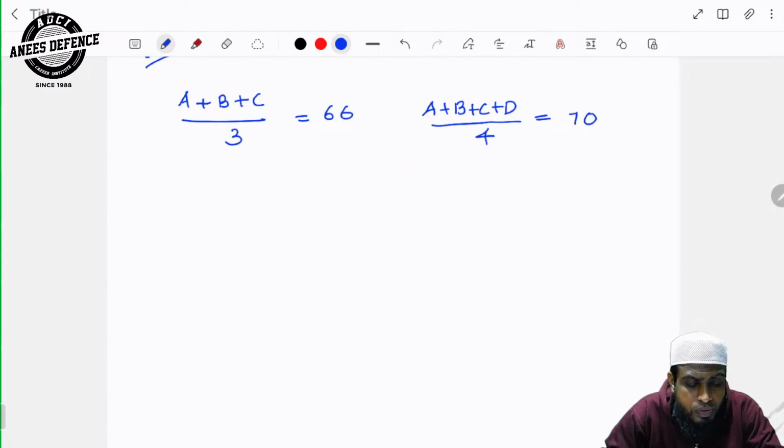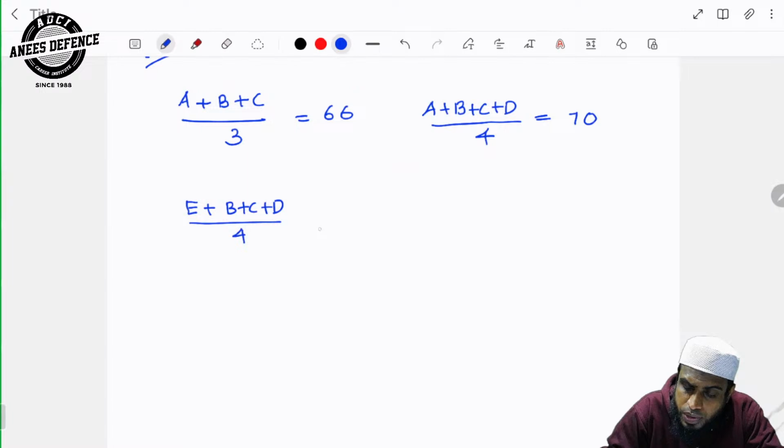Now A is replaced by E. So instead of A, we will put E. So E plus B plus C plus D by 4.